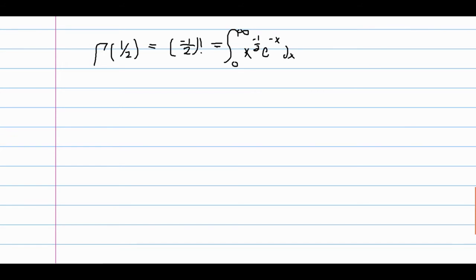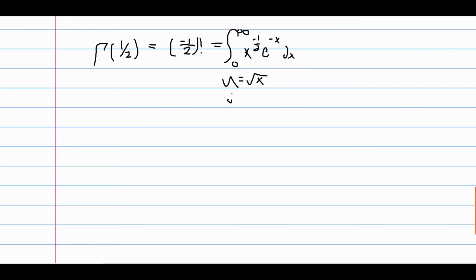Well, this x to the negative 1/2, usually we only see 1 over square root of x when we take the derivative of square root of x. So maybe the substitution u equals square root of x will take us in the right direction. We see that our boundaries stay the same, because from x equals 0 to infinity, we have u equals 0 to infinity.